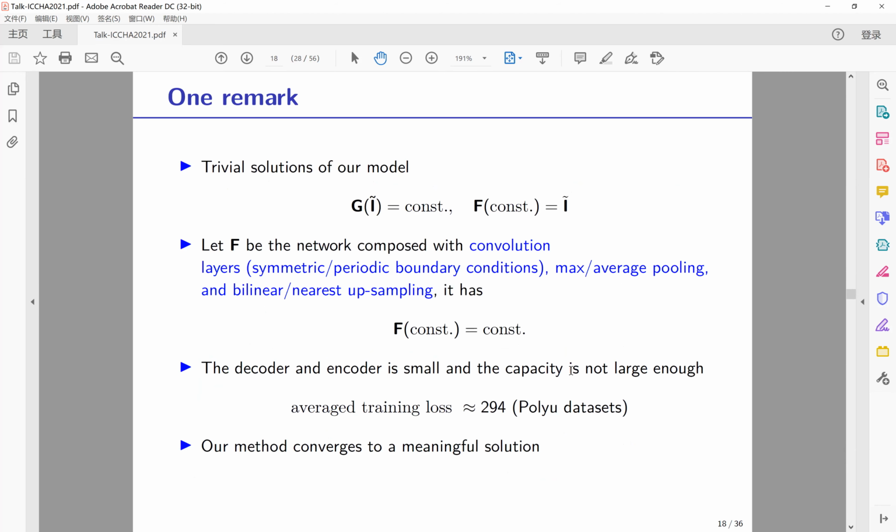And I want to make one remark on our model, because in unsupervised methods, we always have some overfitting issue, like in the deep image prior. But something similar happens in our model, because our model has some trivial solutions. One trivial solution is that the encoder maps the noise image to a constant image, and the decoder maps a constant image to the noise image.